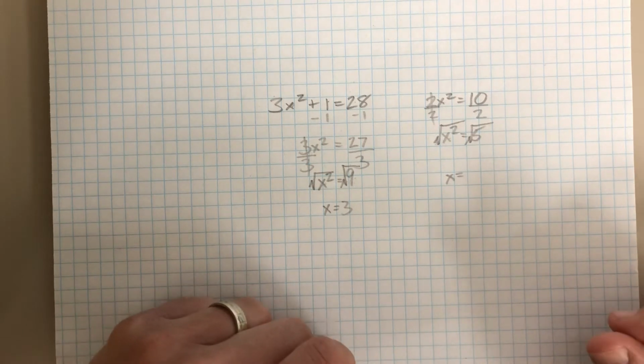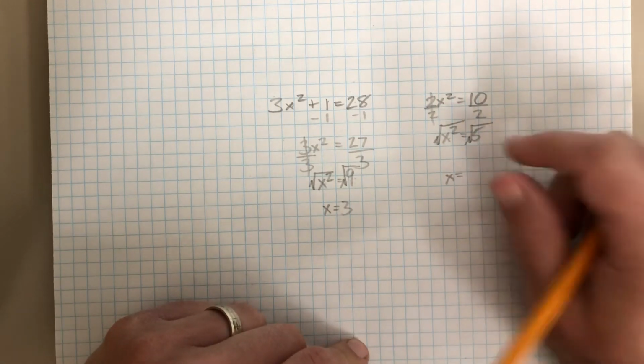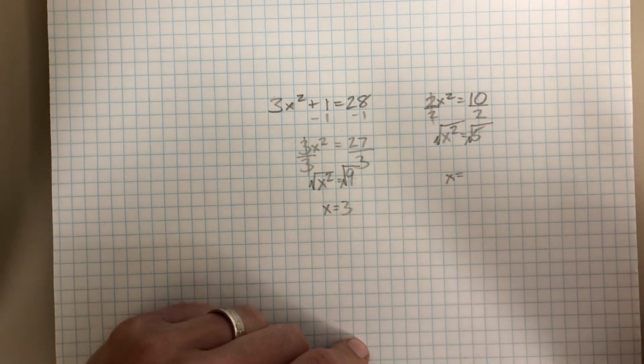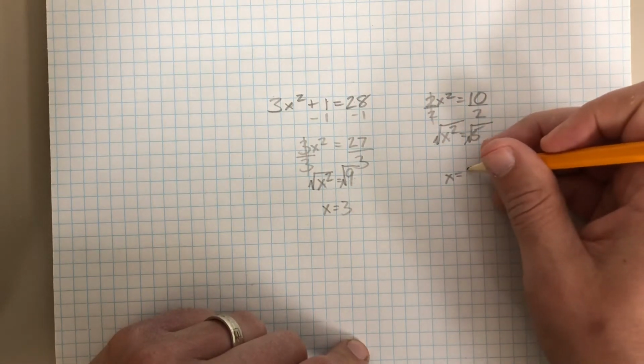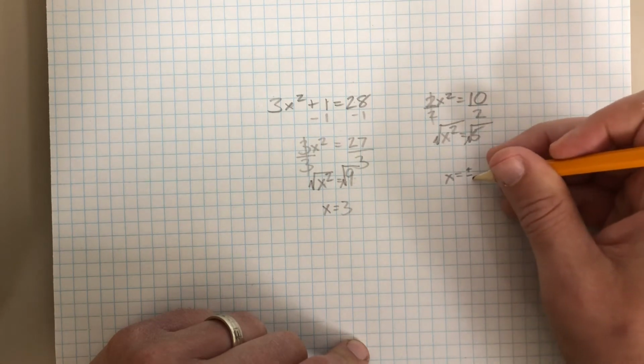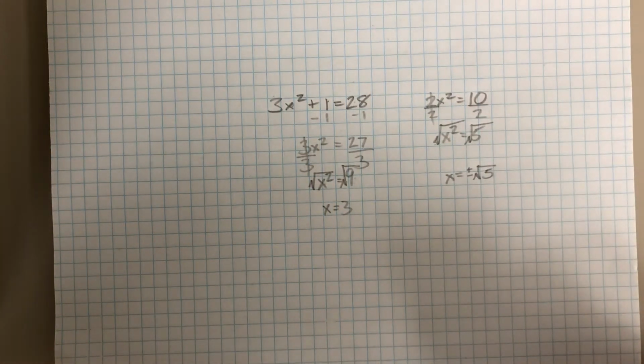is not 2.5, because 2.5 times 2.5 does not give you 5. In fact, 5 is not a perfect square, and so we're going to leave it as the square root of 5, but it could be the positive square root of 5 or the negative square root of 5. So we're going to put plus or minus square root of 5. Okay?